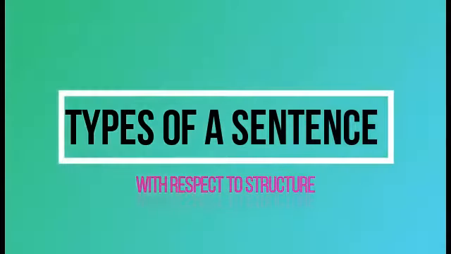Clear? The next type of a sentence with respect to structure is the compound sentence. What is a compound sentence? It is a sentence that consists of at least two independent clauses. A simple sentence consists of one independent clause, and a compound sentence consists of two independent clauses. What is an independent clause? I already told you that an independent clause is one that gives a sense.